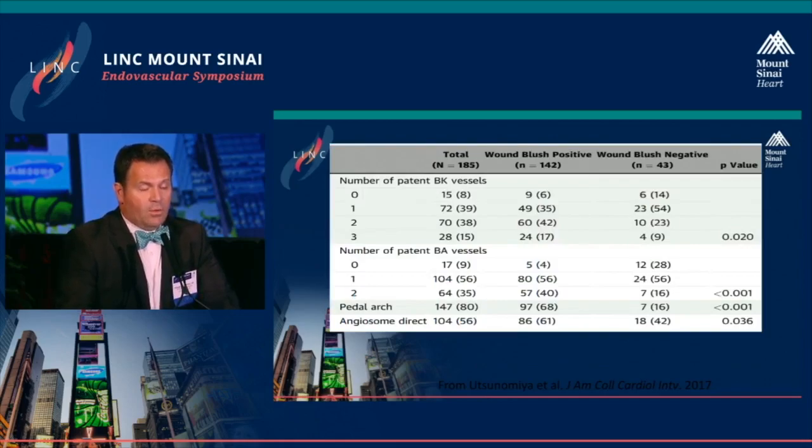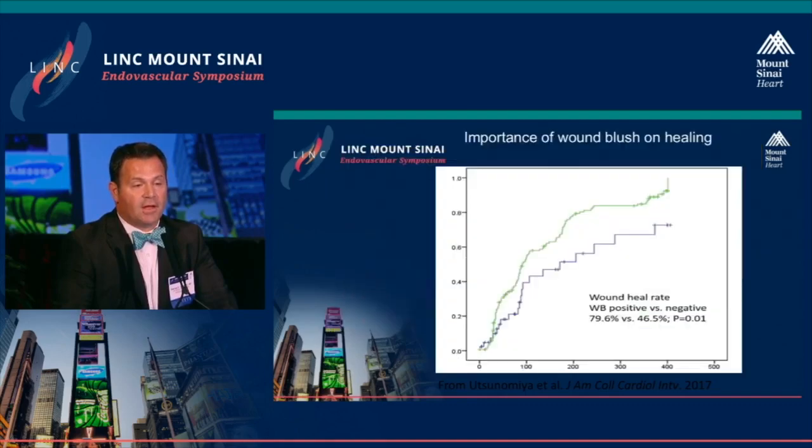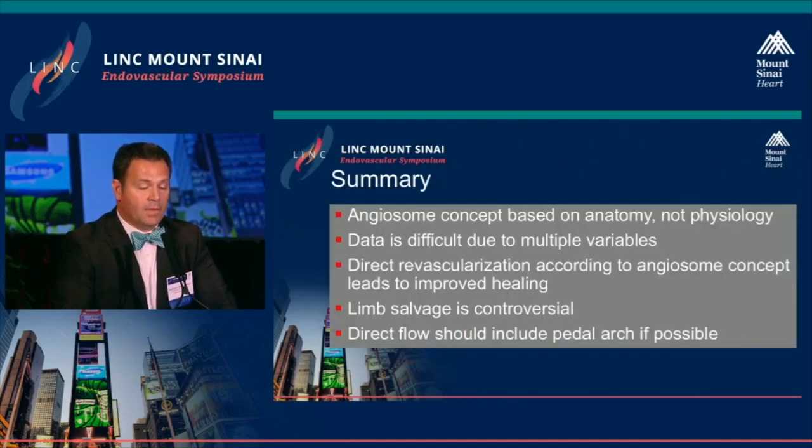If you look at this study, when they were able to achieve angiosome direct therapy, which was 61% of the time overall, but those who had wound blush positivity and had a good pedal arch, it was 68%. You see significant differences in favor of having wound blush, but also having achieved that direct flow. And this is another graph breaking it down at around 400 days. So you see a significant increase in wound healing.